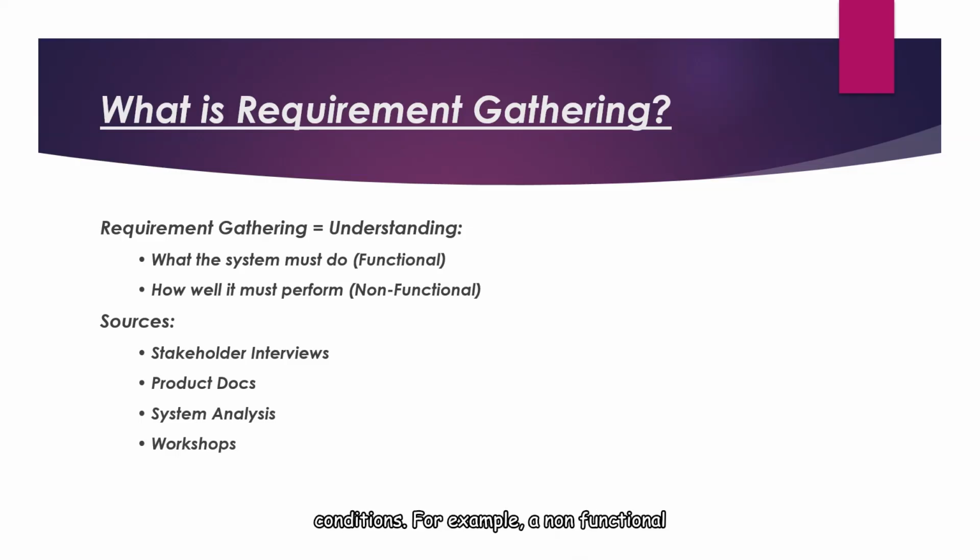For example, a non-functional requirement could be the system's performance, ensuring it can handle thousands of users at once. You will gather this information from various sources such as stakeholder interviews, product documentation, system analysis, and sometimes workshops. The goal here is to leave no stone unturned and ensure you have a clear picture of what the system should achieve.